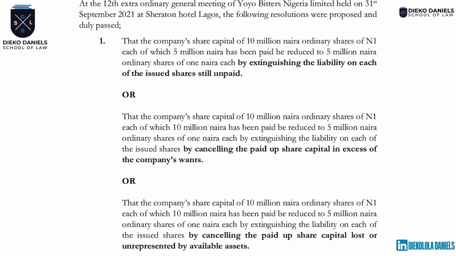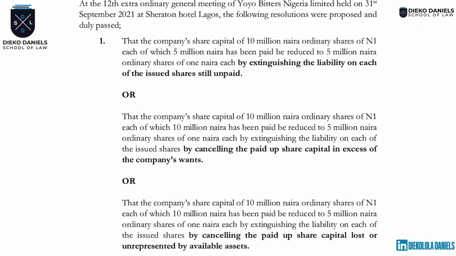We are saying that the company's issued share capital of 10 million naira shares of 1 naira each, right, which has been paid for, or of which 10 million naira has been paid, be reduced to 5 million naira by extinguishing the liability by cancelling the paid up share capital in excess of the company's wants.